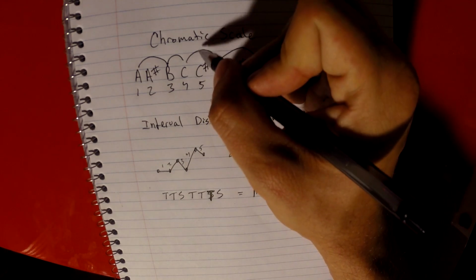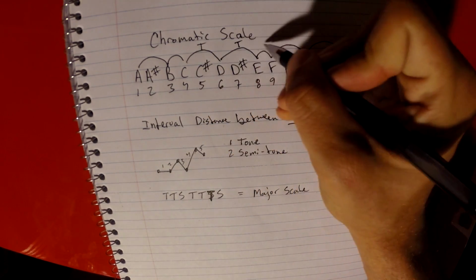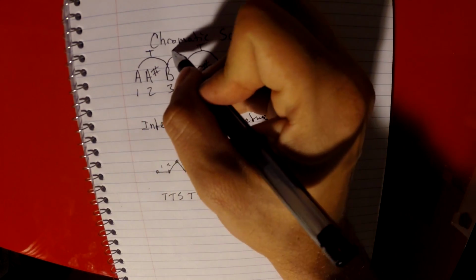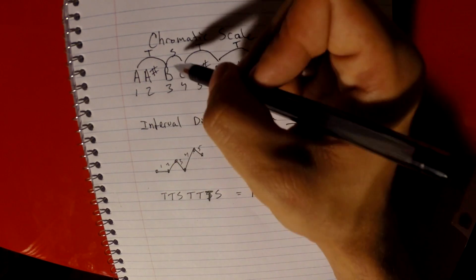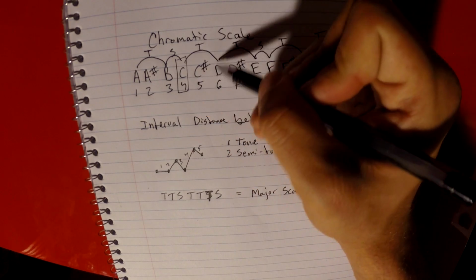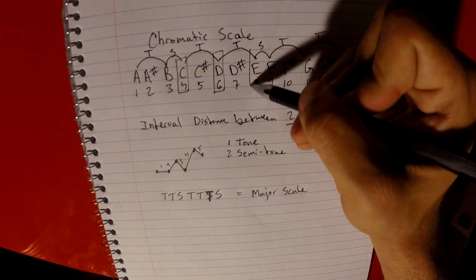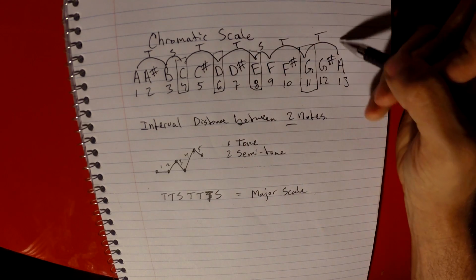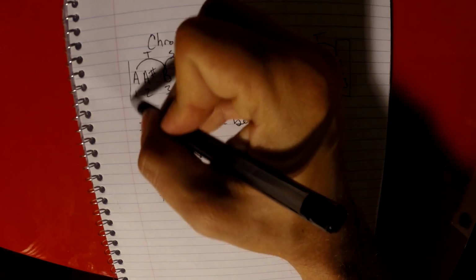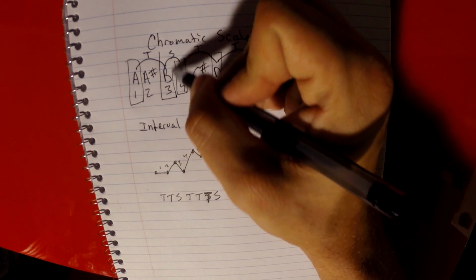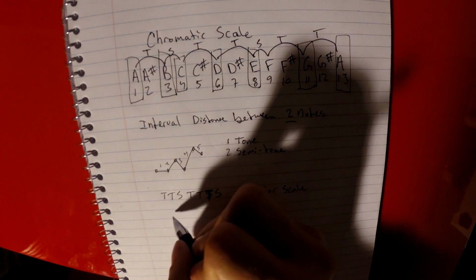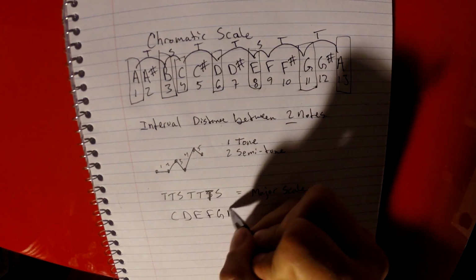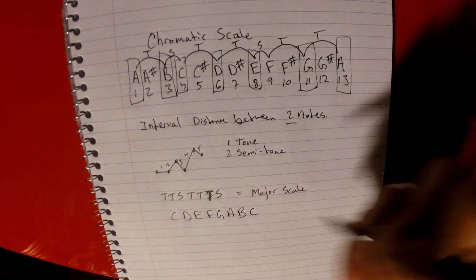That allows us to get all the natural notes that make up the C major scale from C to C. So we would get C, D, E, F, G, A, B, C.